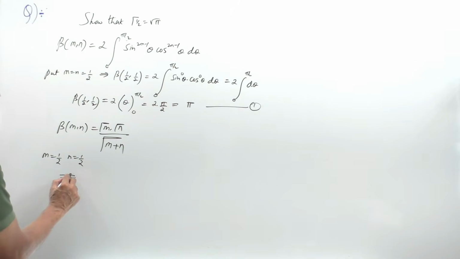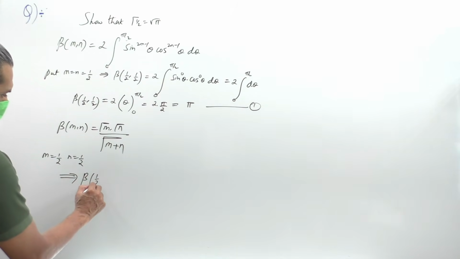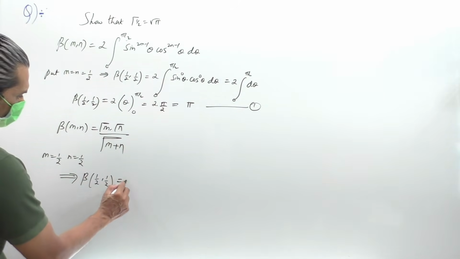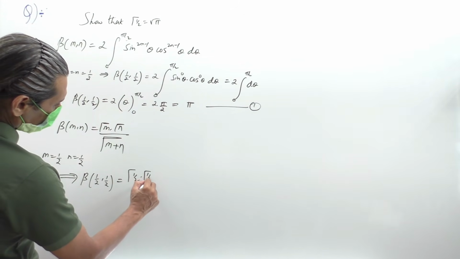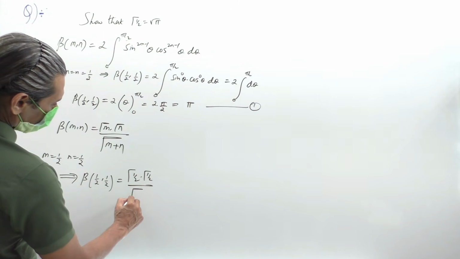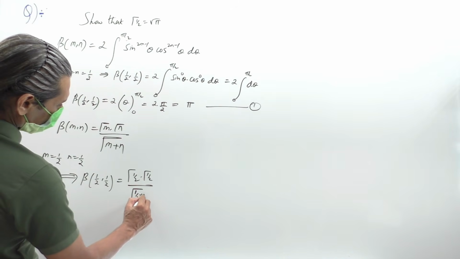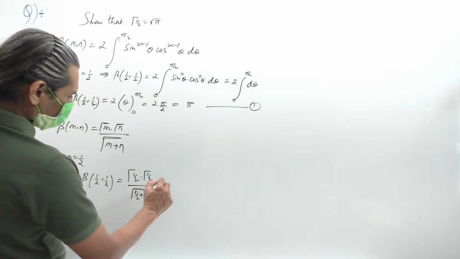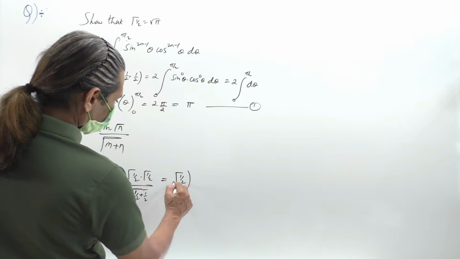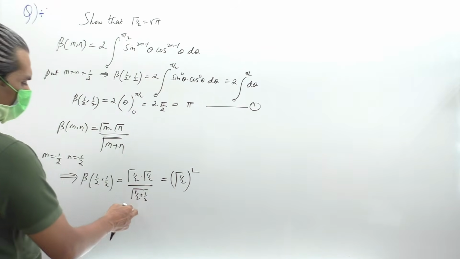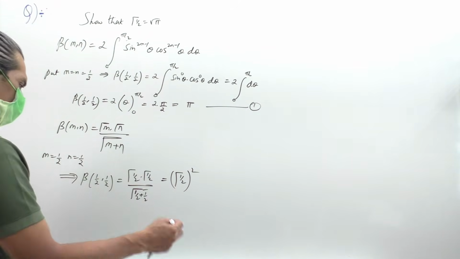It implies beta 1 by 2 comma 1 by 2 equals gamma 1 by 2 into gamma 1 by 2 upon gamma 1 by 2 plus 1 by 2. So that will be gamma 1 by 2 whole square, because gamma 1 is 1 only.